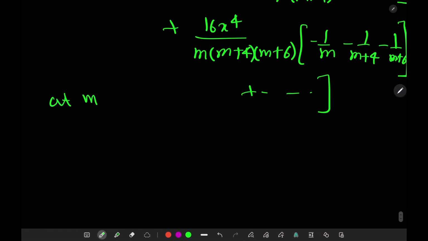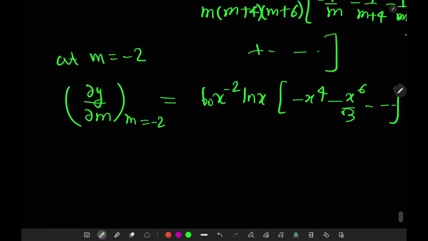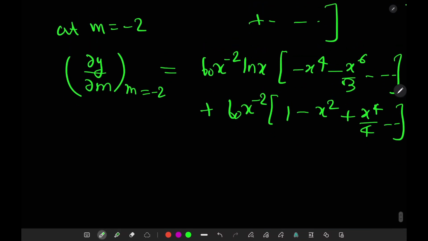At m equal to minus 2, we can write b naught x raised to power minus 2 ln x plus b naught x raised to power minus 2 minus 1 by x square plus x raised to power 4 up to so on. And we can write y is equal to a y1 plus b y2.